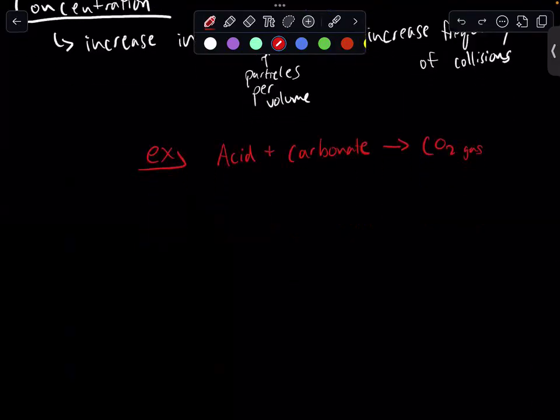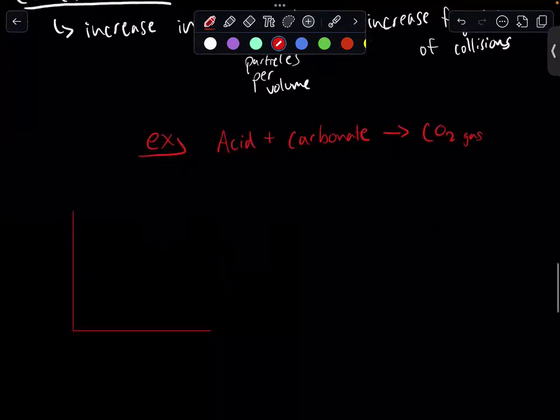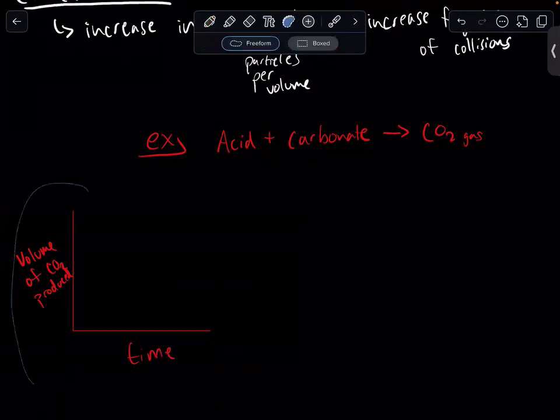But you might see two types of graphs shown when you get this type of reaction. And we'll take it as volume of CO2 produced, and our x-axis will be time. Let me just copy this graph over.